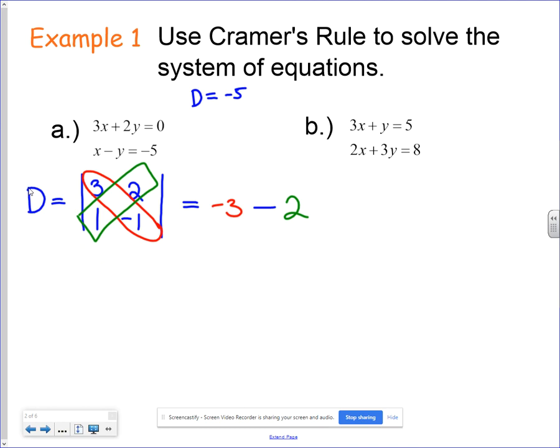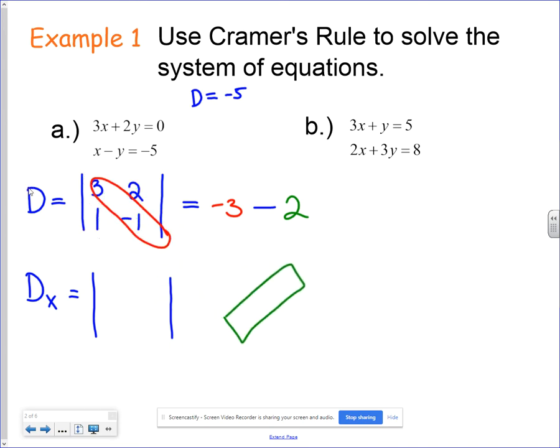So now let's find D of x. To find D of x, you take your variable matrix that we had in the beginning and take out the x coefficients. So I'm going to remove the 3 and the 1 and replace them with 0 and -5.